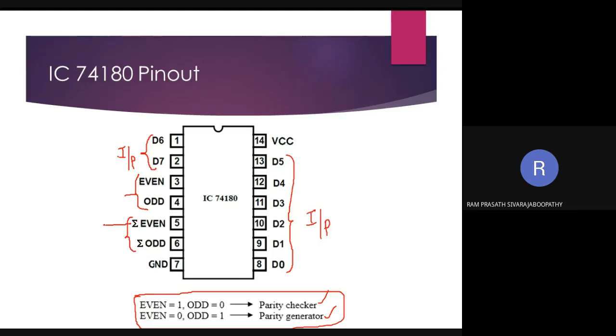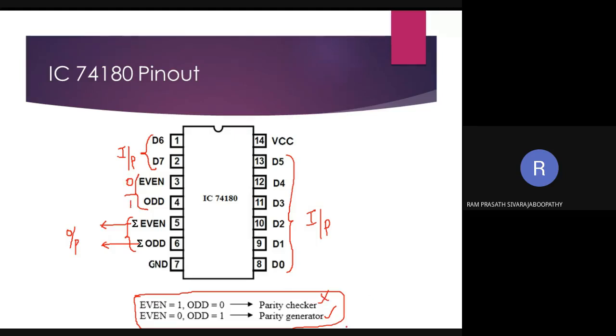So this pin will always generate even parity. This pin will always generate odd parity. So these are the outputs. There are two outputs: one is the odd parity output, and the other is the even parity output. Clear? For a parity generator, I have said what to do: even equals 0, odd equals 1. If you make this pin 0 and this pin 1, it will work as a parity generator.